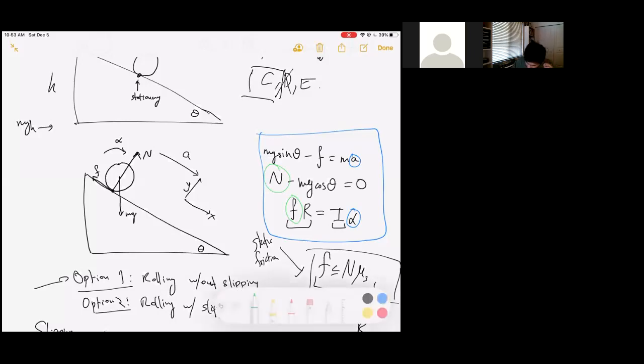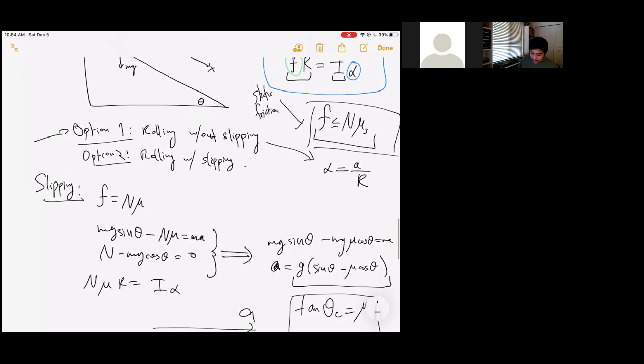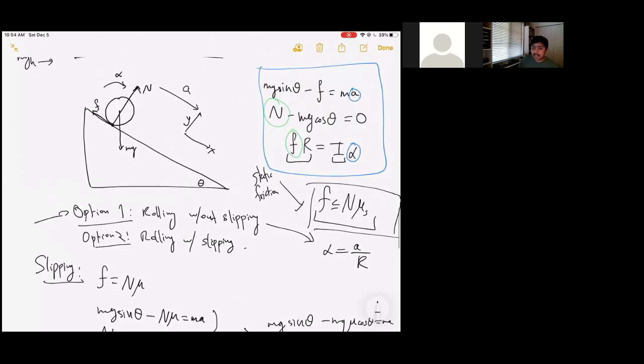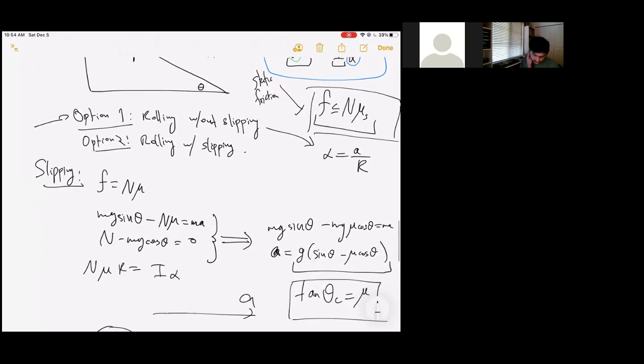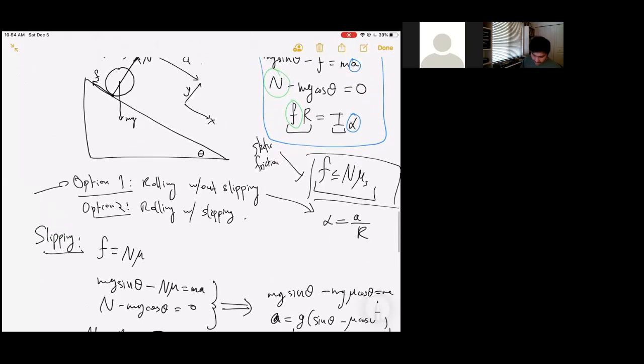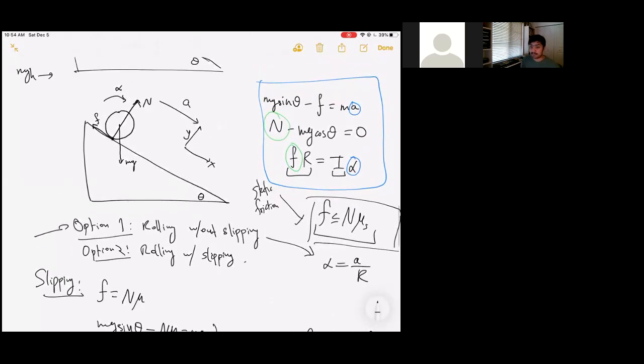But the point is now, for angles around the critical value, if you look at both regimes, the equations have very similar values inside the rolling without slipping and outside the rolling without slipping, because the equations are essentially staying the same. The change happens when the static friction force exactly reaches the value of n mu.